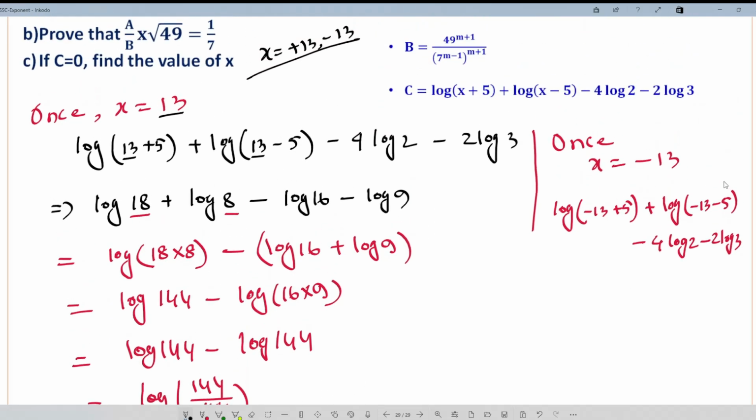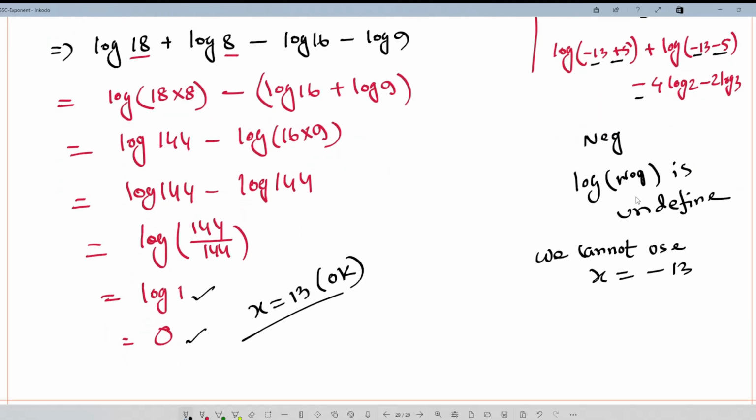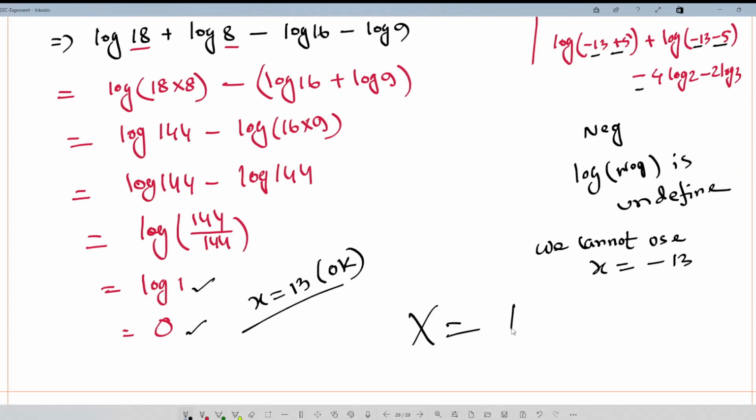But once x equals minus 13, look, it will become minus 13 plus 5, minus 13 minus 5, then minus 4 log 2 and minus 2 log 3. The result will become negative, and log of a negative is undefined. So we cannot use x equals minus 13. So our result is x equals 13. Okay.